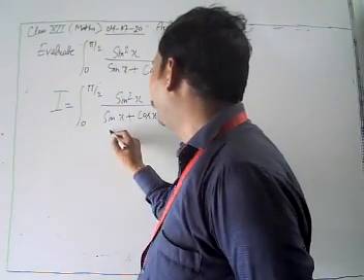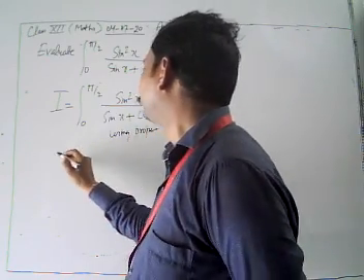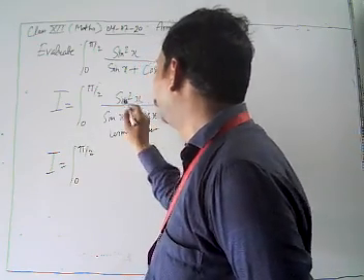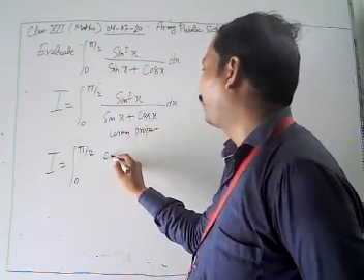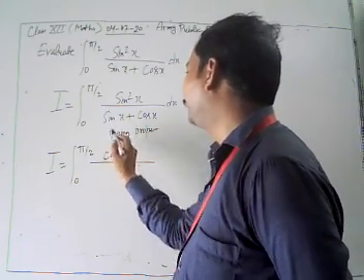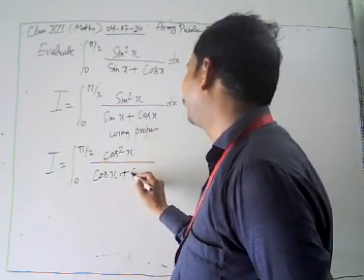Then after using the property, what we have, I is equal to 0 to pi by 2 sin square of pi by 2 minus x. Then here we get cos square x, and here we get cos x plus sin x dx.